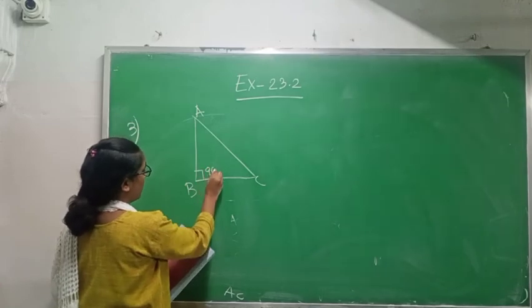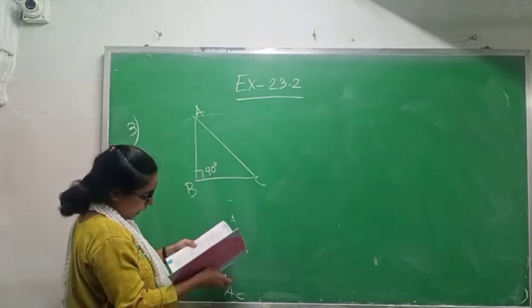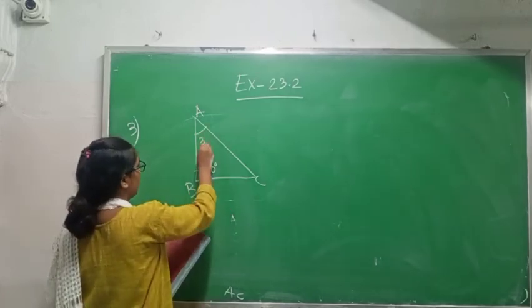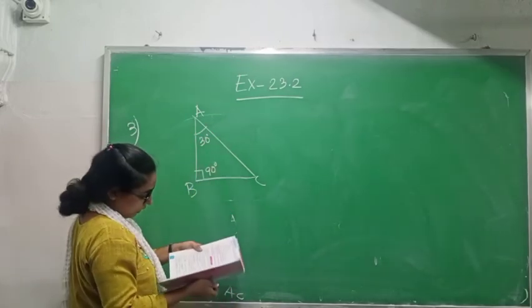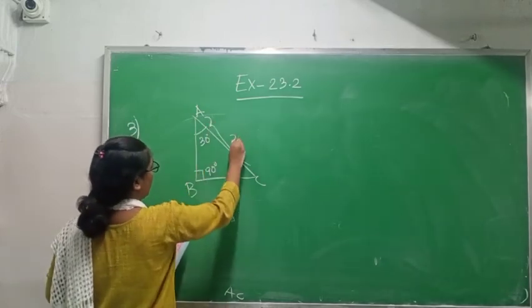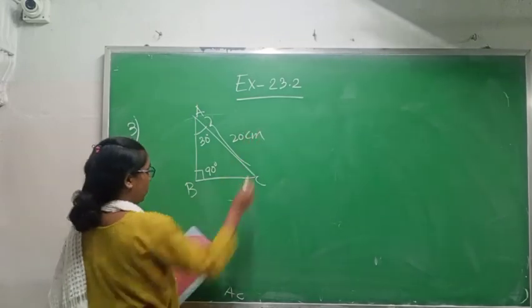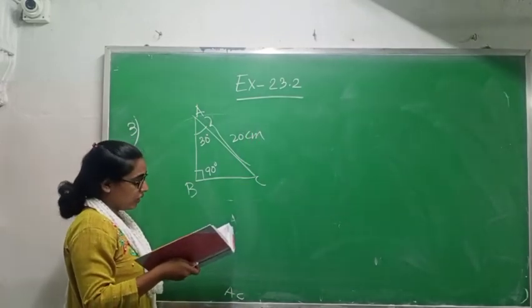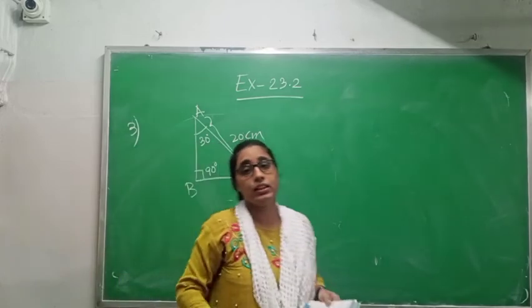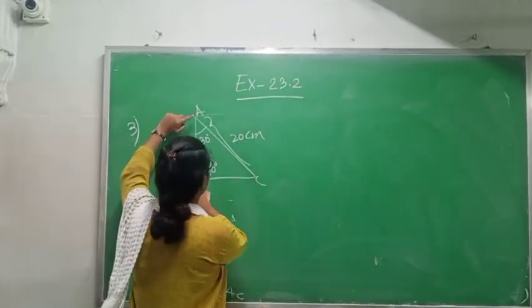This one is the correct diagram because B is showing 90 degrees. Angle A is 30 degrees, and AC is given as 20 centimeters. They are asking to find BC and AB.